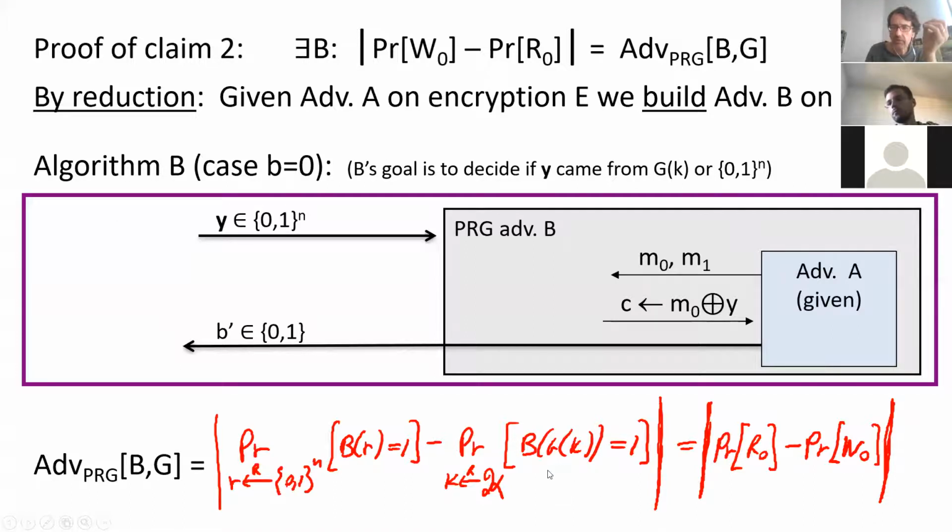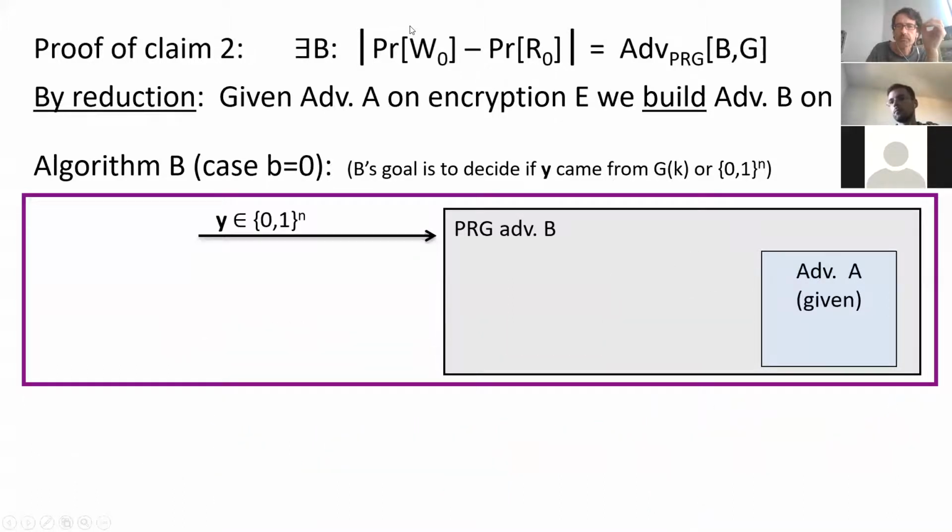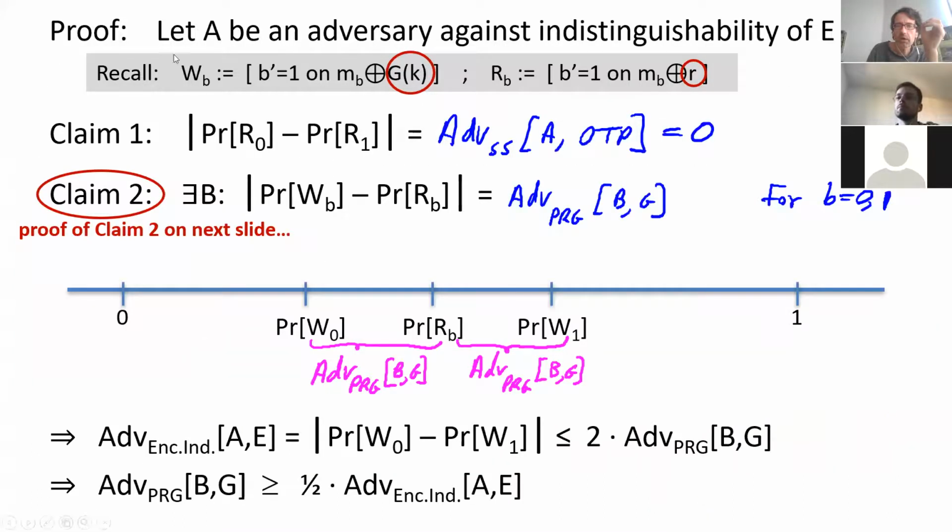Here we have to measure it for Y equal G(K) for a random K. In other words, this probability is exactly the probability that A outputs 1 given M0 XOR G(K) for a random K. That was precisely this, right? So this thing with M0, yes.